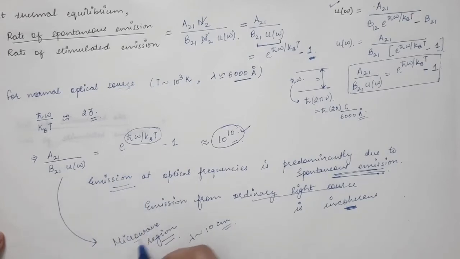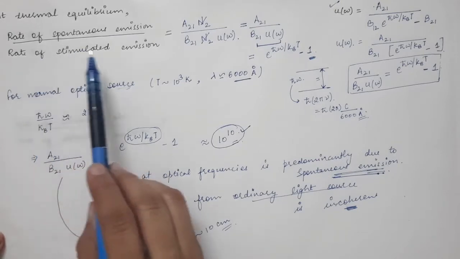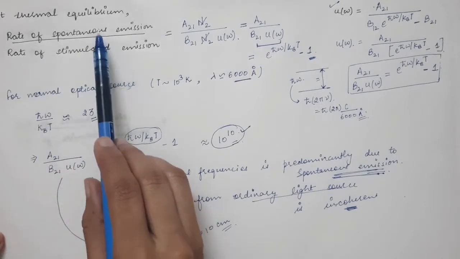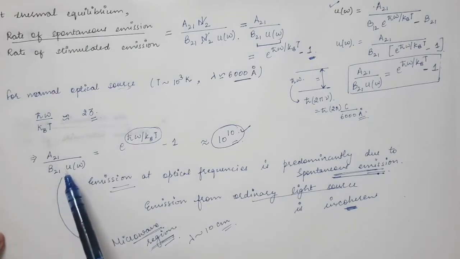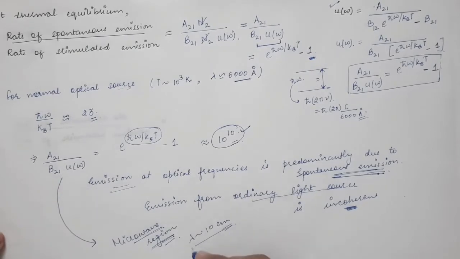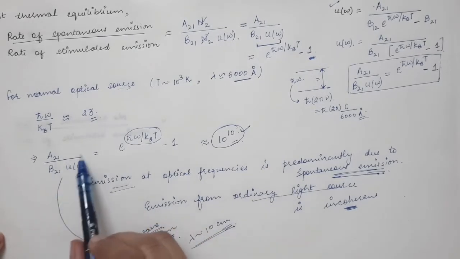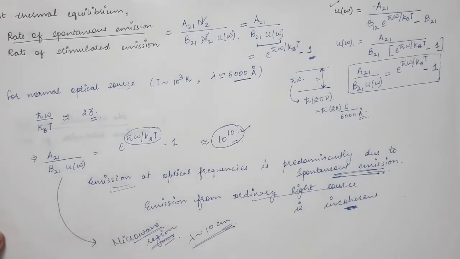So in the microwave region, it is quite easy to construct a laser as compared to the visible region. There is a higher rate of stimulated emission as compared to spontaneous emission, and you can find that by putting lambda approximately 10 centimeters. You will find that this ratio will tend to 0.